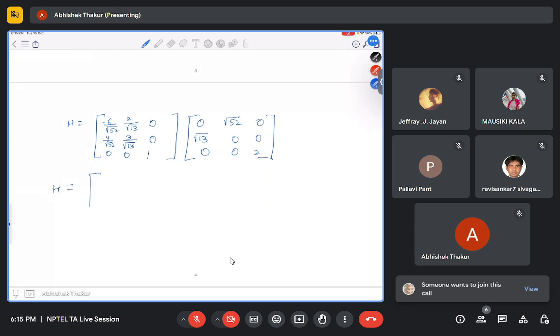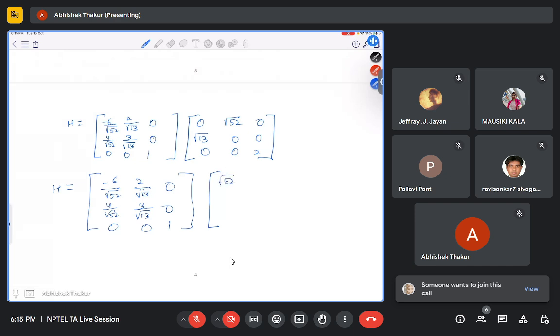Now we can do one more thing: we can interchange row 2 with row 1 of this V matrix.